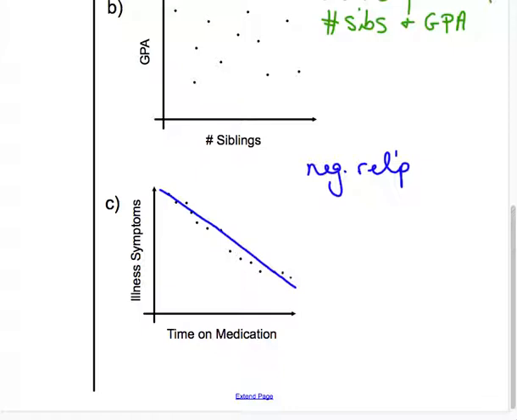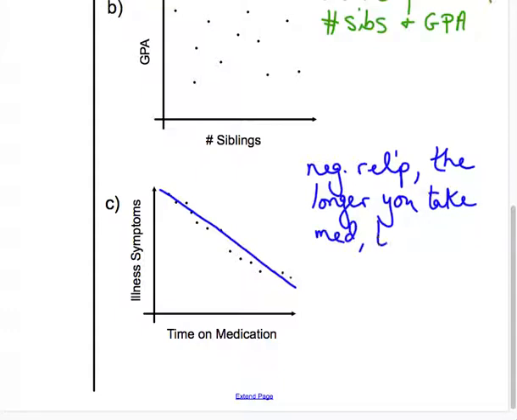And what this means is, in terms of the data, the longer you're on medication, the fewer symptoms you have. So as one data value increases, your time on medication, the other decreases, your illness symptoms.